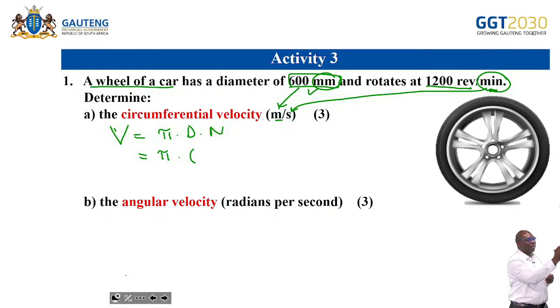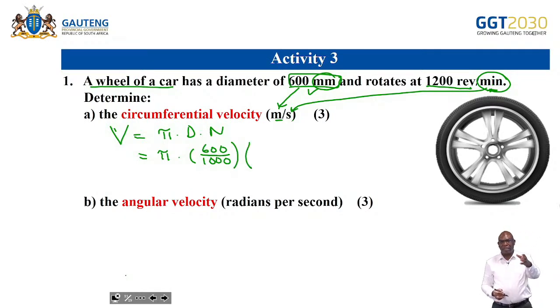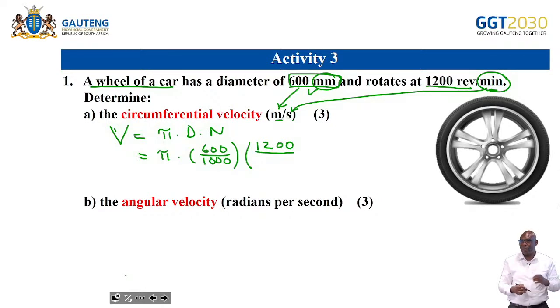We must take the 600 and divide it by 1,000 to go from millimeters to meters. Now I'm going to multiply by the number of revolutions, which is 1,200 revs per minute. How do I change minutes to seconds? I'm going to divide this by 60.